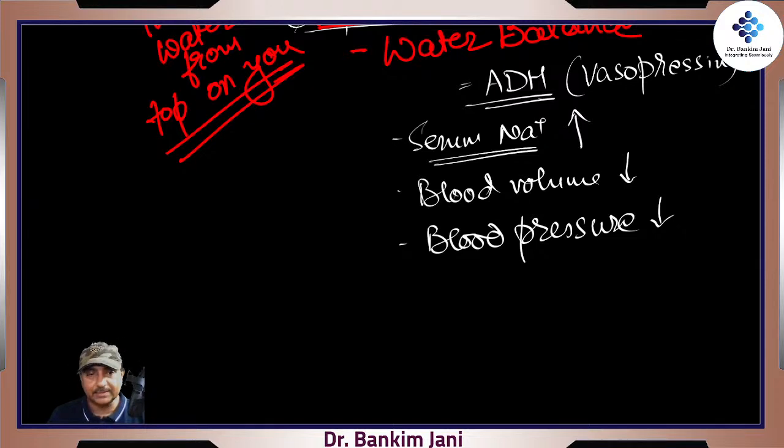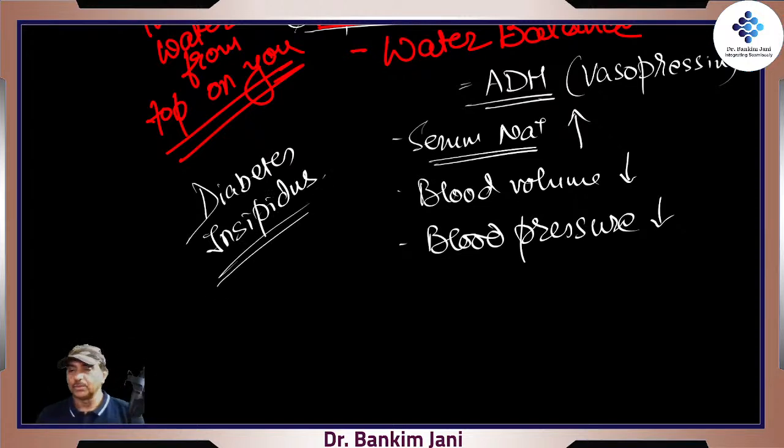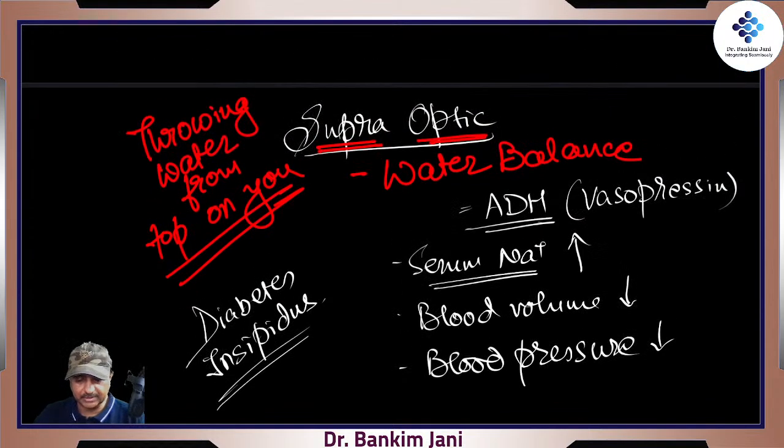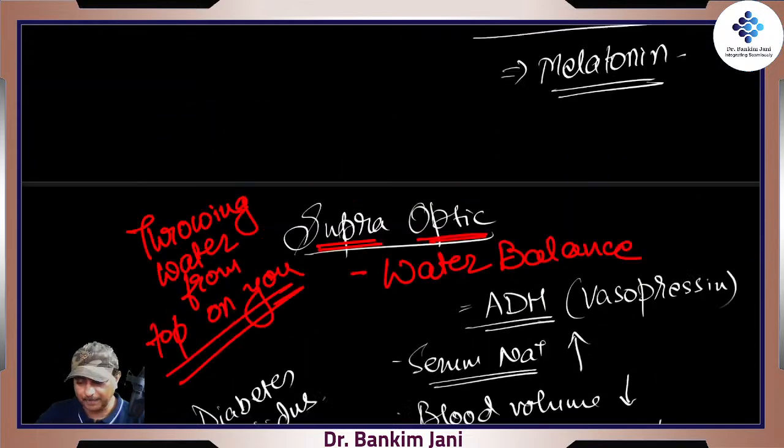When there is pathology, it leads to what is called diabetes insipidus, correct? So that's what it really does. This is the function of the supraoptic, which is taking care of the water.